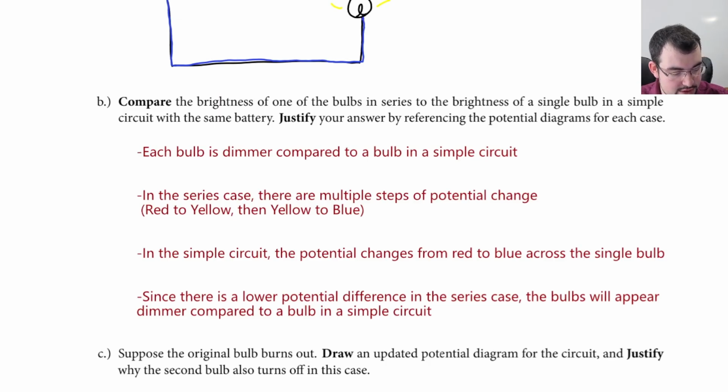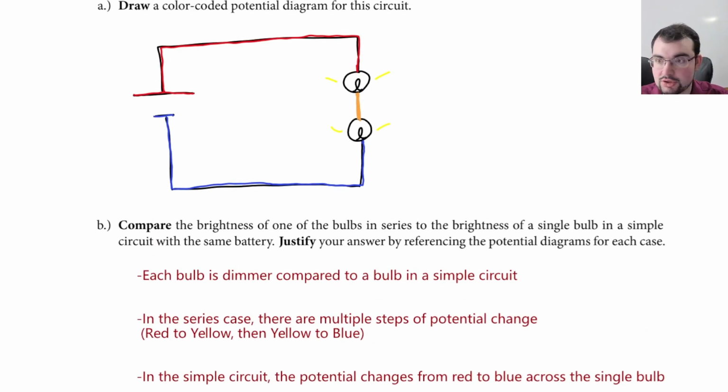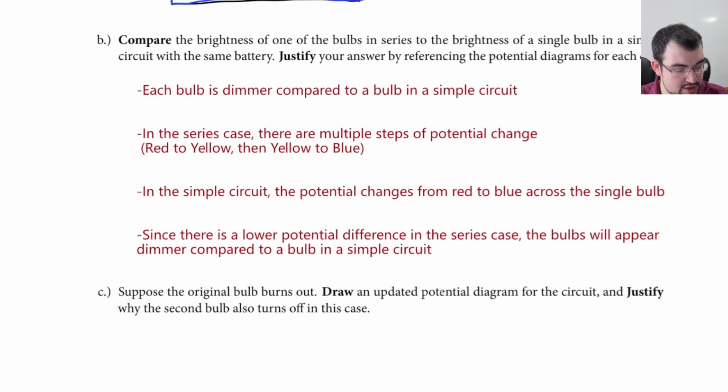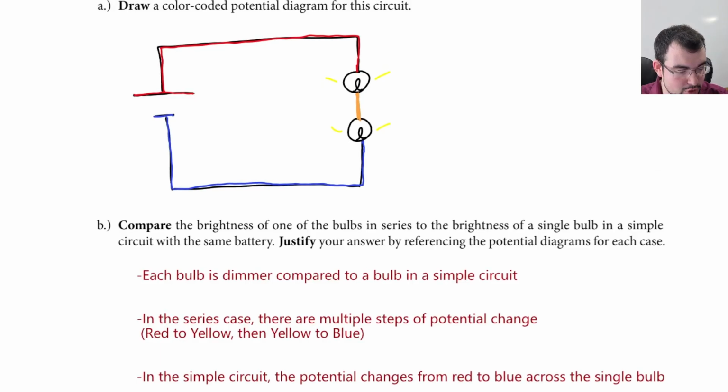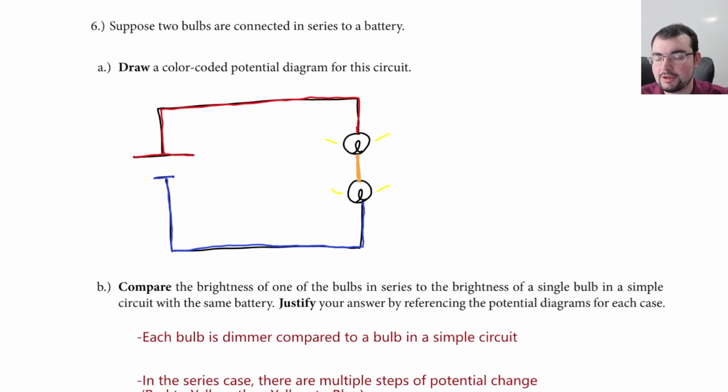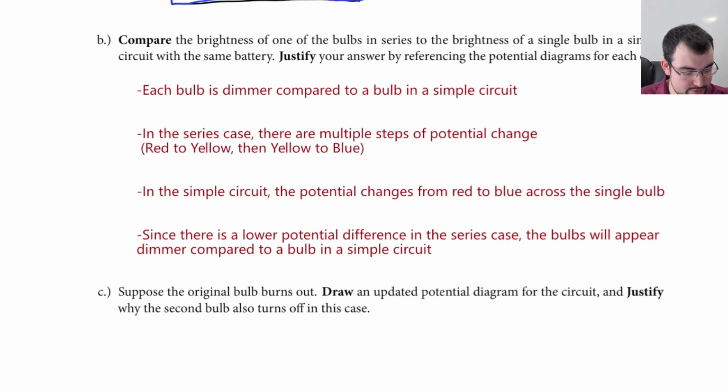So in this series, there are multiple steps of potential change. It goes from red to orange-ish yellow to blue, whereas in the simple circuit, the potential change was all in one step. That's why it's going to be dimmer: the more extreme the color change, the brighter the bulb. And we have this little intermediate potential, so it's not going to be as bright.